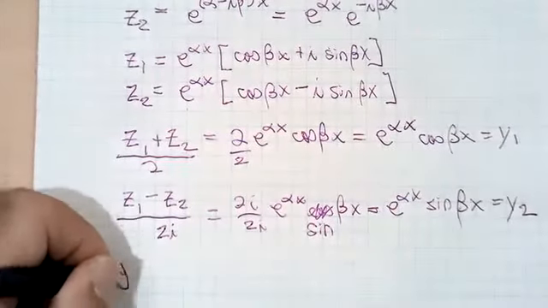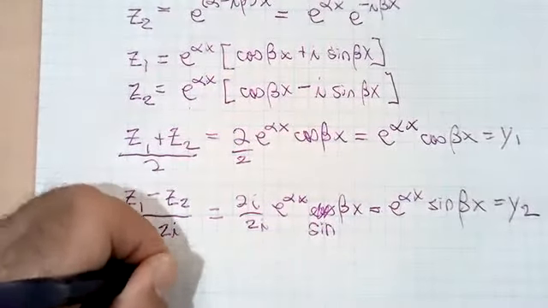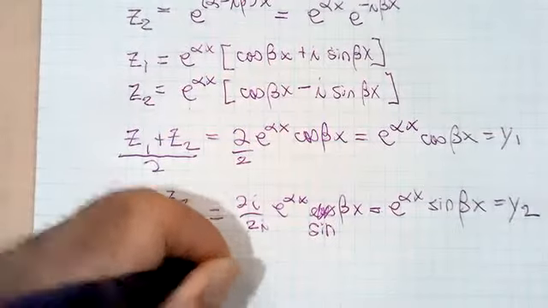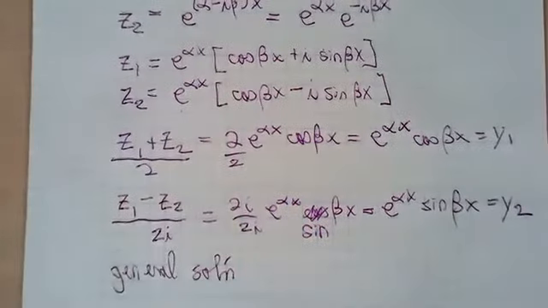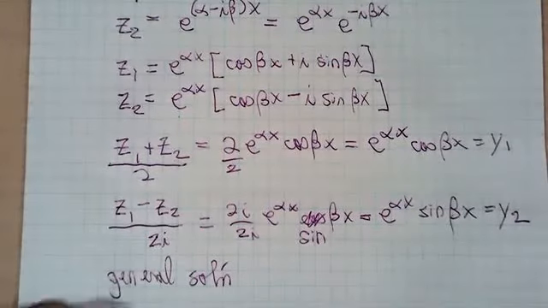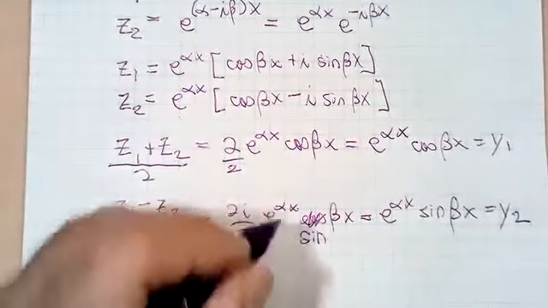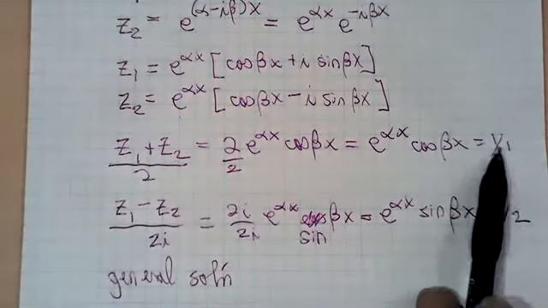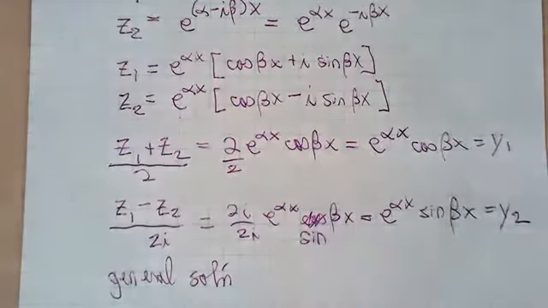So the general real solution of the original ordinary differential equation is just any constant times y1 plus any constant times y2.